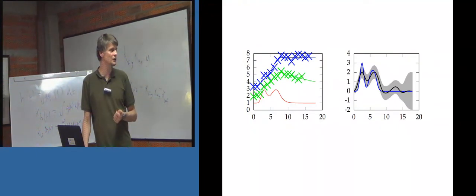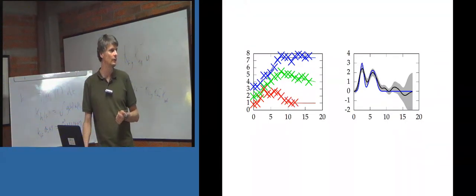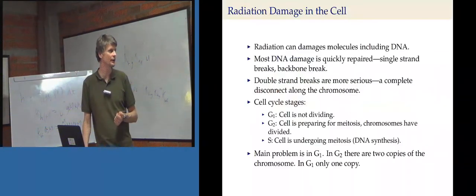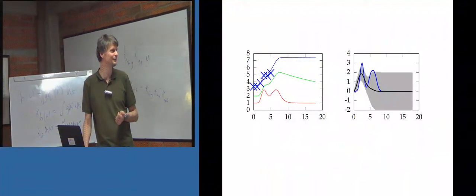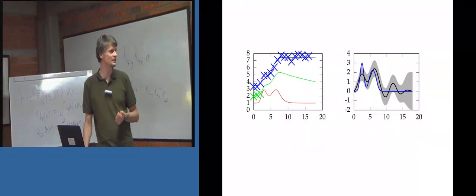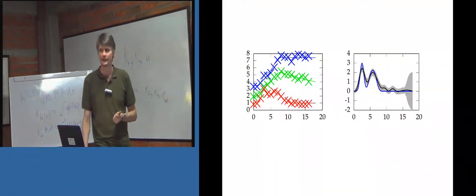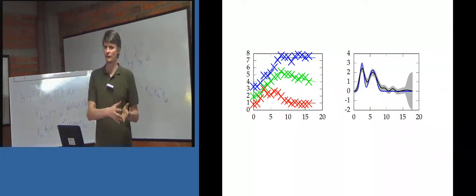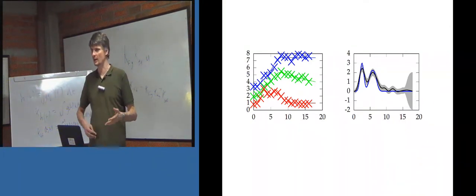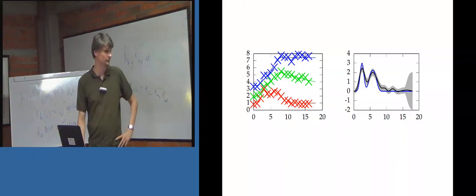So even though there's large noise on these points, of course if we observe over multiple related outputs, we start to become fairly confident about what the system did. Yeah? So we can get this inference about what the underlying latent force was.